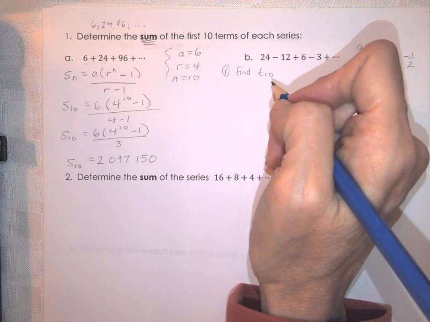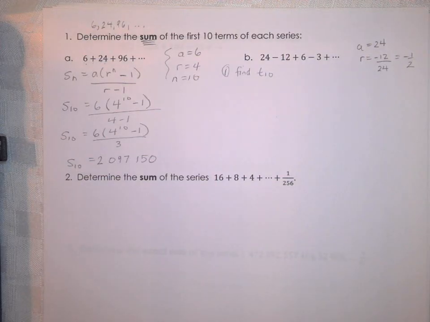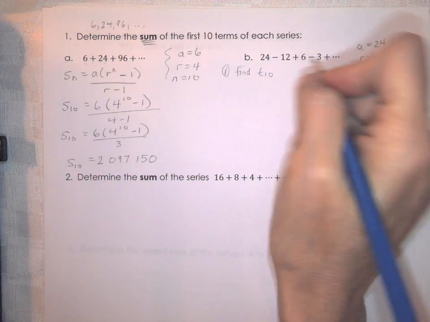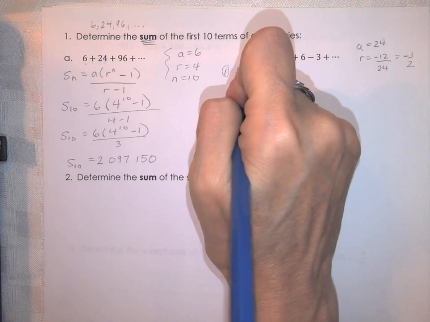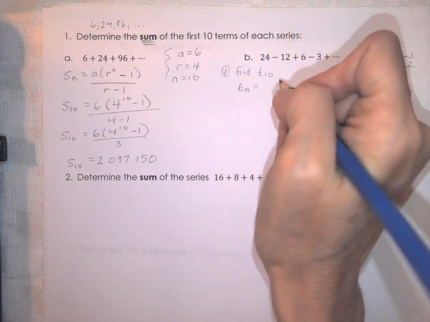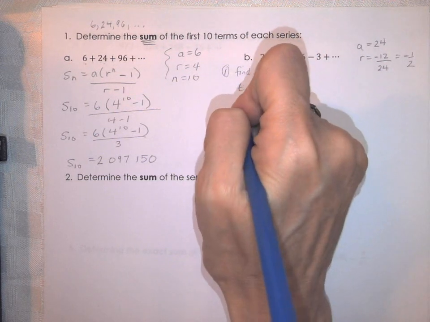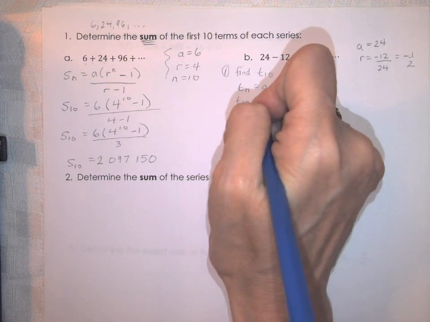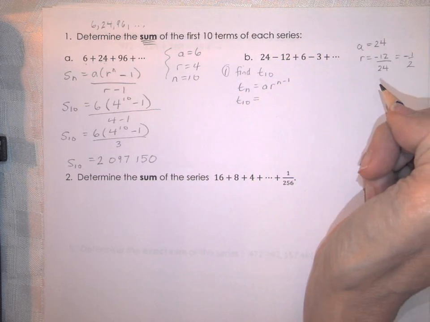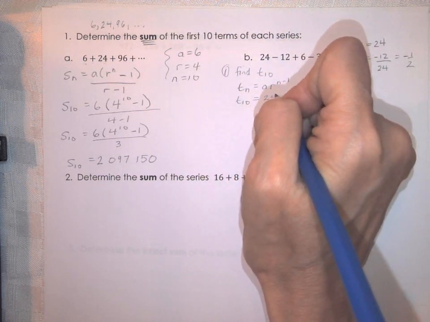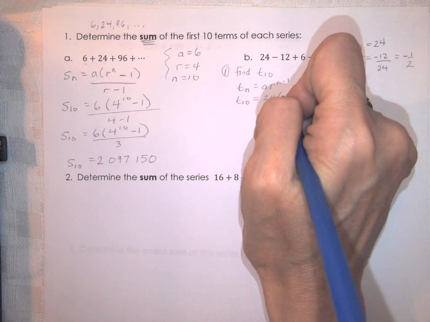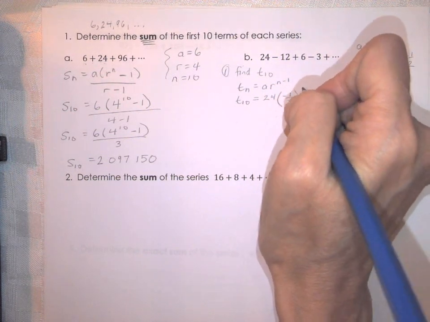And then we go back to our sequences and series formula for a geometric sequence, a times r to the n minus 1, and we're finding the 10th term. And that's going to give me 24 times negative 1/2 to the 9th.